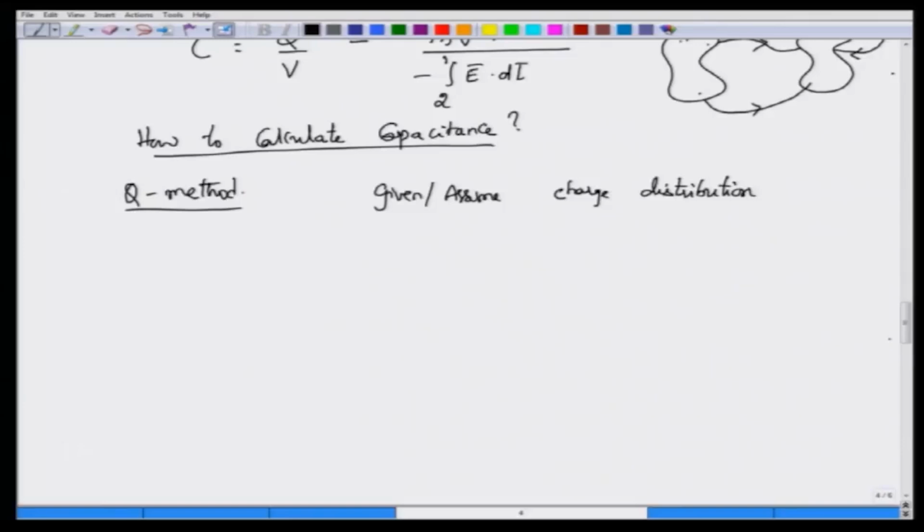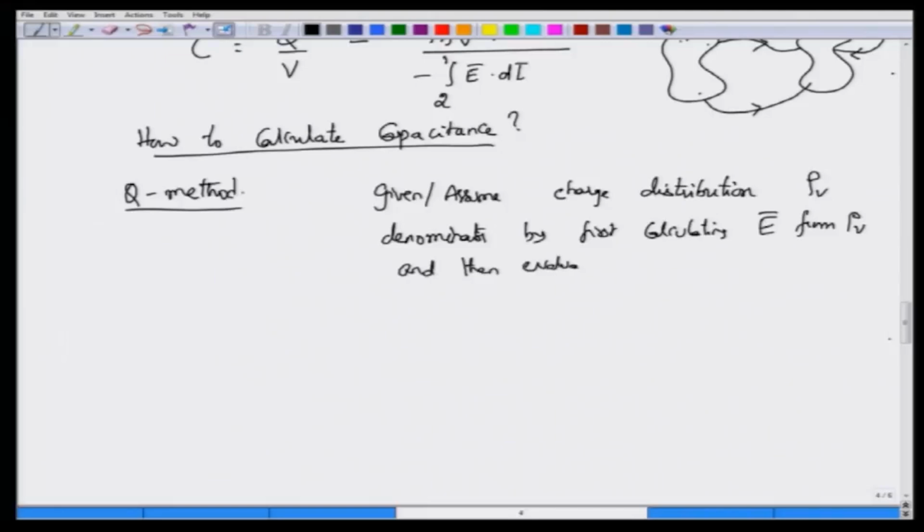So, from the given charge distribution, in general that of the volume charge, let us say rho v, you can evaluate the denominator by first calculating the electric field from the given charge distribution rho v, and then evaluating the line integral of E dot dl between the two conducting paths, and you will be able to obtain both the numerator and denominator.